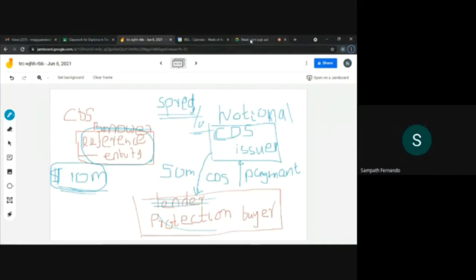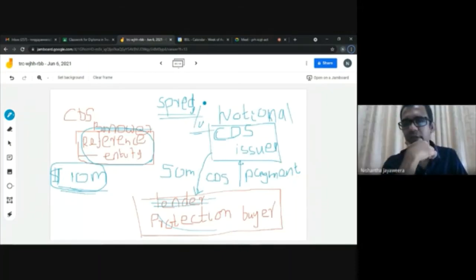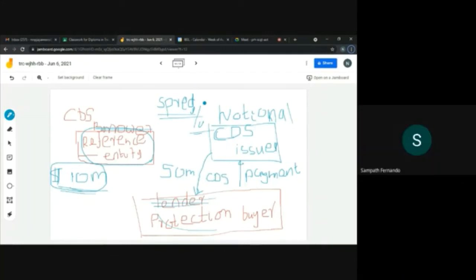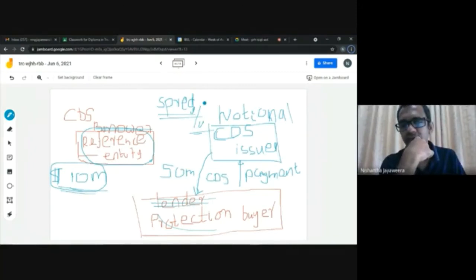So in the credit spread option, if the spread narrows, the seller does not have to pay anything. As long as the spread remains below the strike, the option buyer won't exercise anything, or he has no right to exercise.